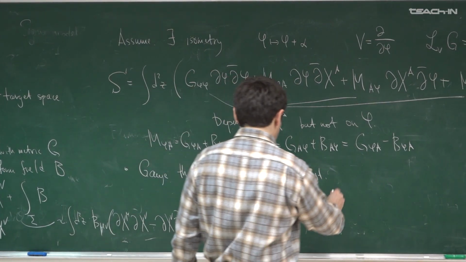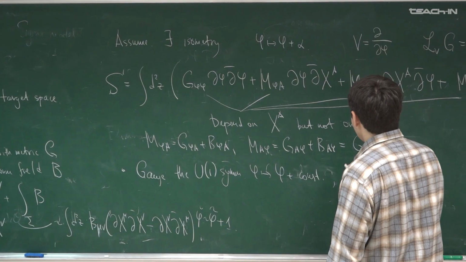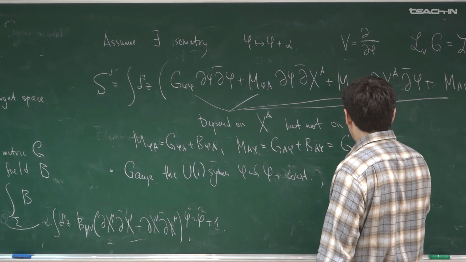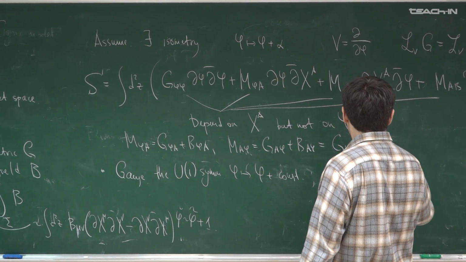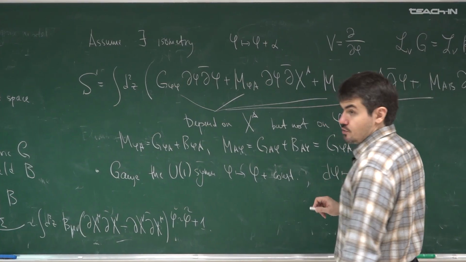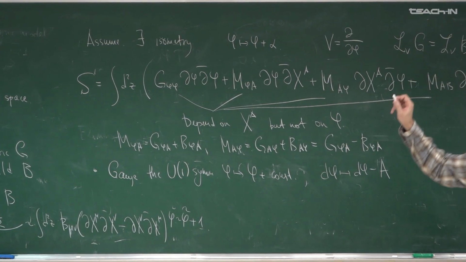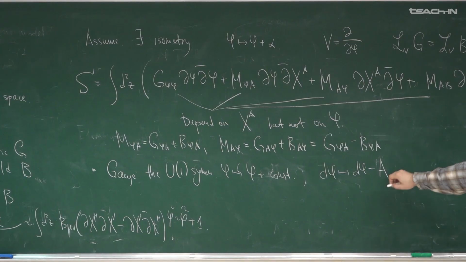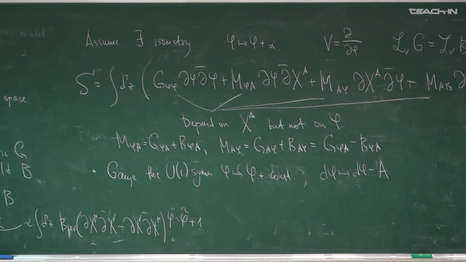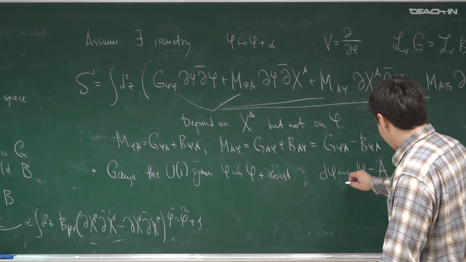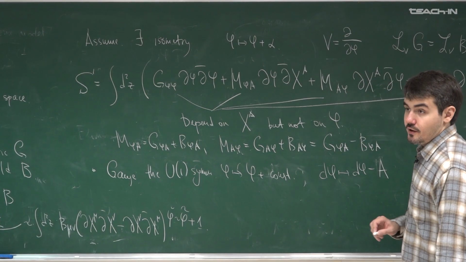And that means that we replace ∂phi by ∂phi minus A, and we introduce that extra Lagrange multiplier that says that this gauge field is trivial. But then we shift A by ∂phi.